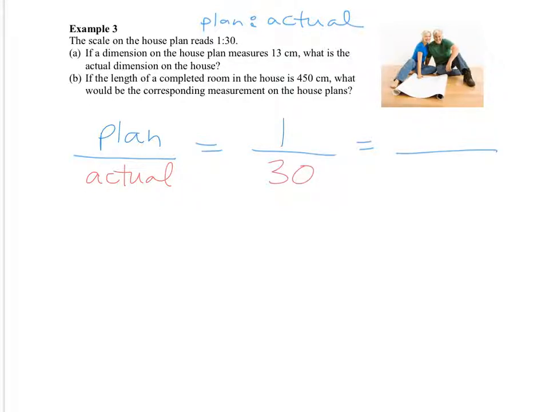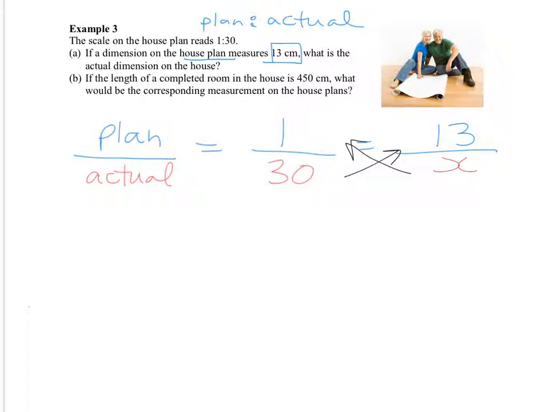Now, if the dimension on the house plan measures 13 centimeters, that 13 centimeters is the plan, so that goes up top. Then it's asking what is the actual dimension? We don't know that, so that becomes our X. Once we've got it set up, we're into our cross multiplying.